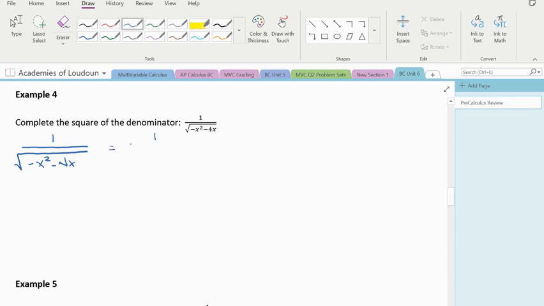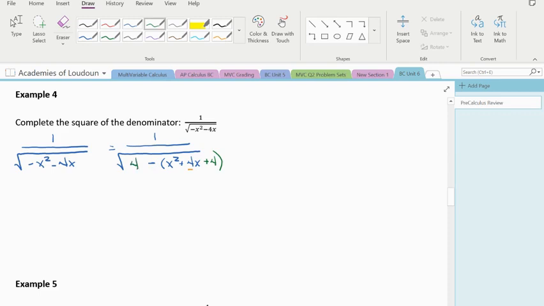So what I'm going to do is I'm going to say, okay, 1 over the square root. I know there's going to be a number to the left of this negative sign, and I'm going to factor out that negative. So x squared plus 4x. Now again, I'm going to take this middle term, and I'm going to divide by 2, and then I'm going to square it. So plus 4. But remember, I'm actually subtracting the 4 because of this negative.